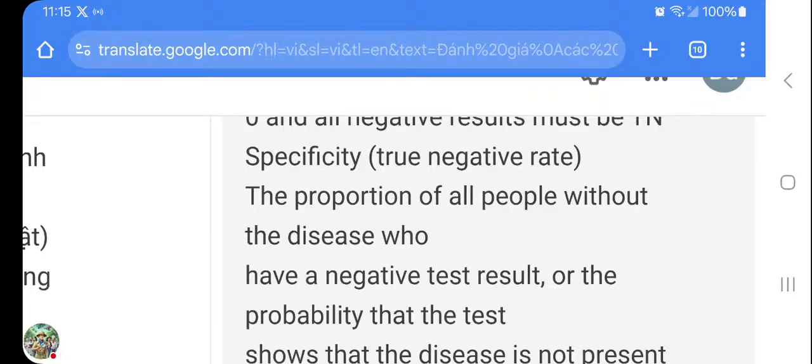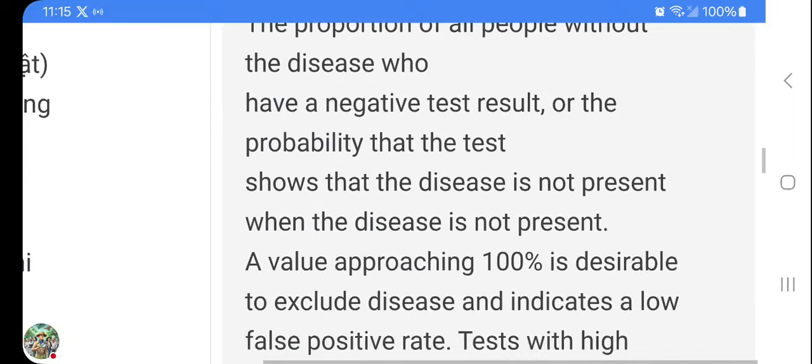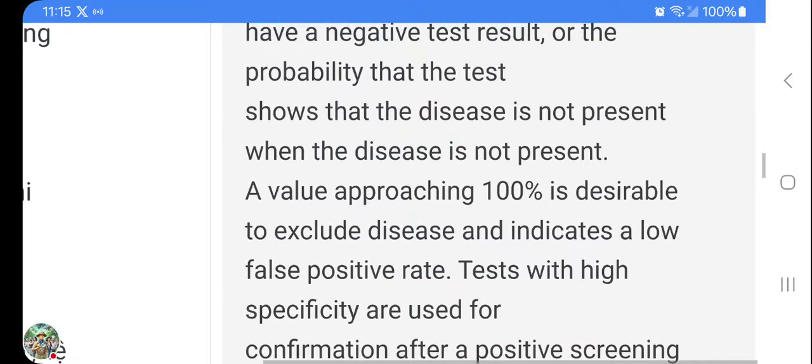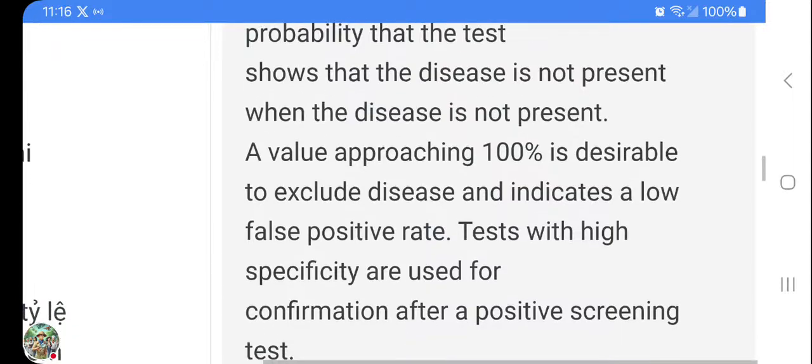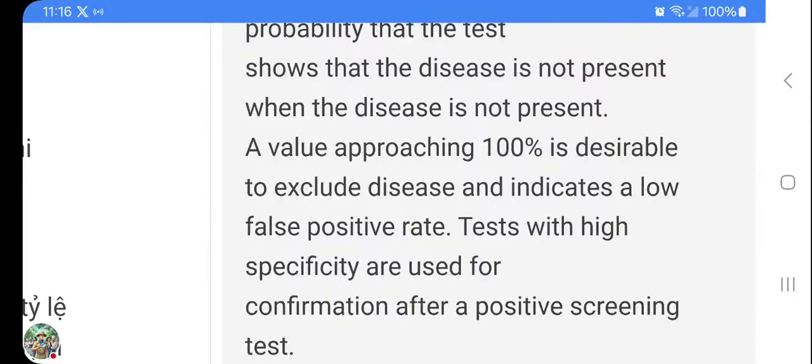Now we know that's specificity. So if we say it like that, let's talk about the formula again. The formula equals the true negative over true negative plus false positive, which is square number 4 plus square number 2, right?